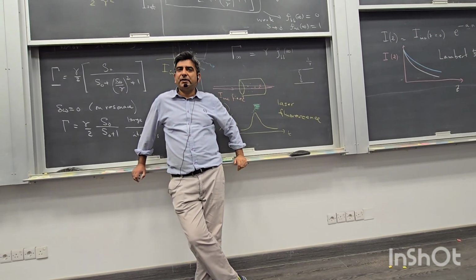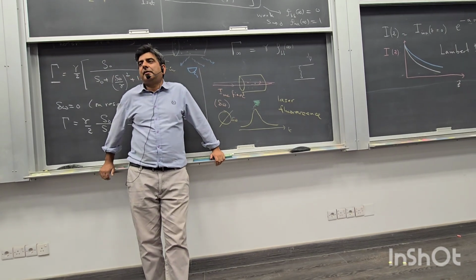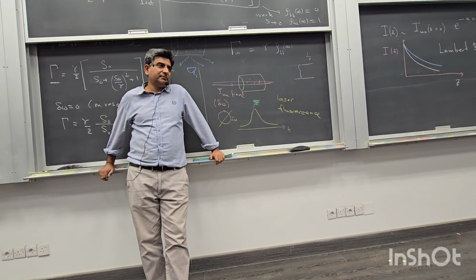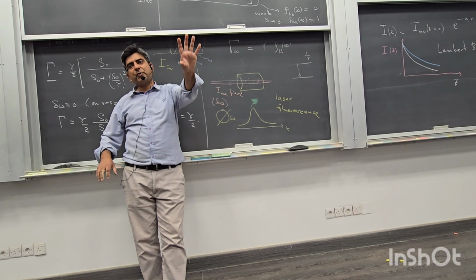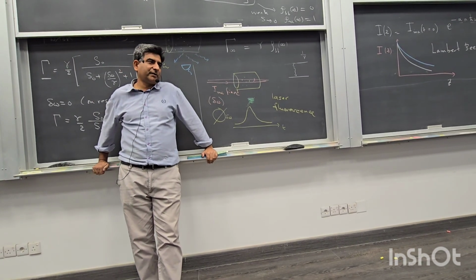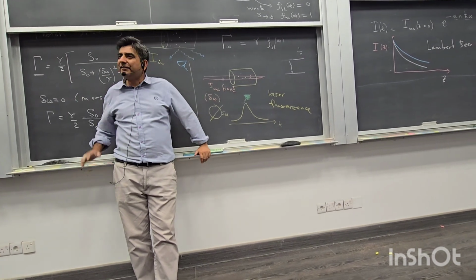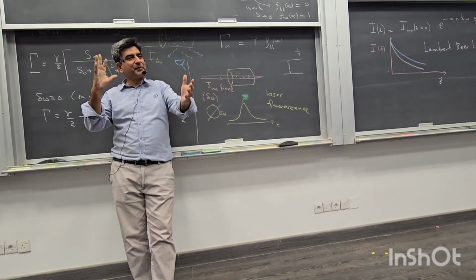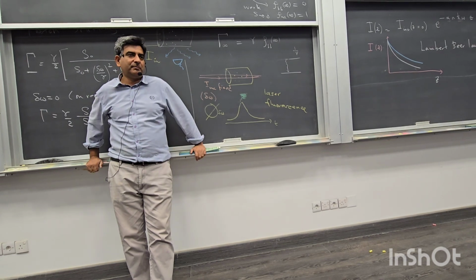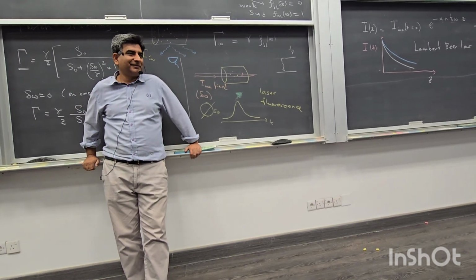What we'll see is that the electric and the magnetic field become operators. They correspond to position and momentum operators of a harmonic oscillator, and they obey the same commutation relationships as exist between position and momentum. And they are incompatible observables.